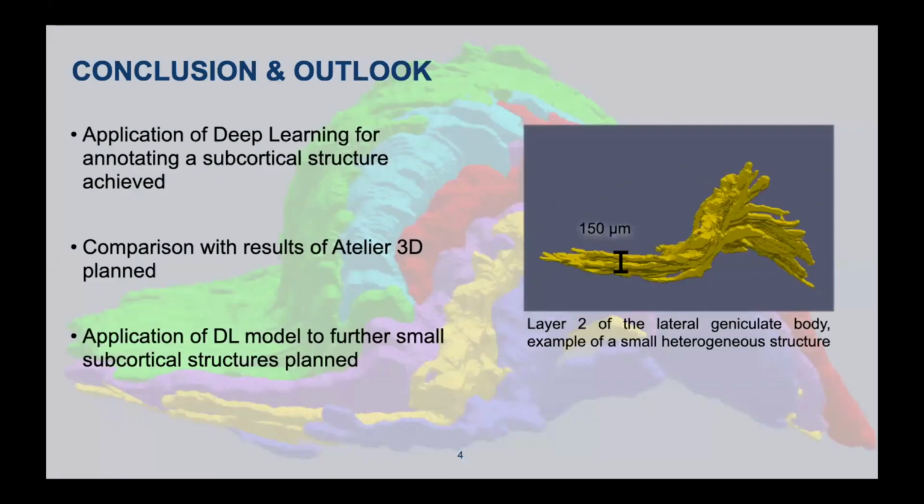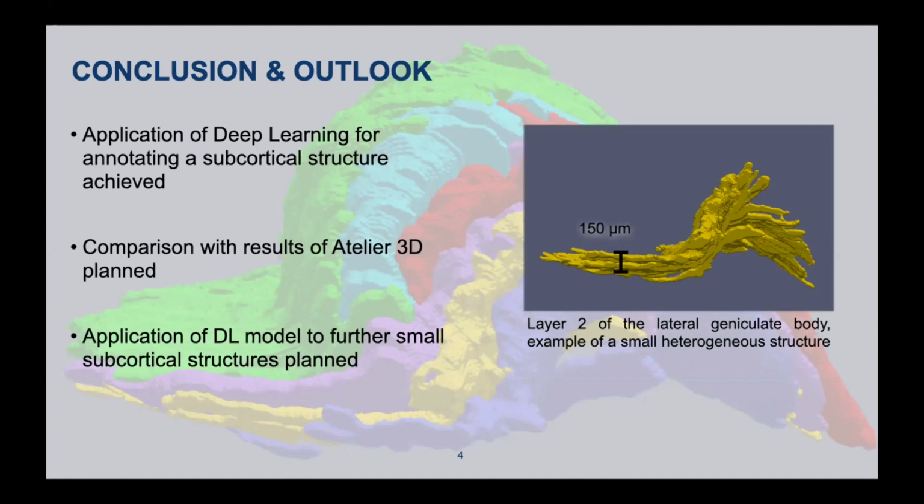As a conclusion, this was our first application of deep learning for a small subcortical structure. The deep learning model is not only faster than if we were doing everything manually, but it also predicts the annotations on each single section, whereas an interpolation would merge existing manual annotations only.